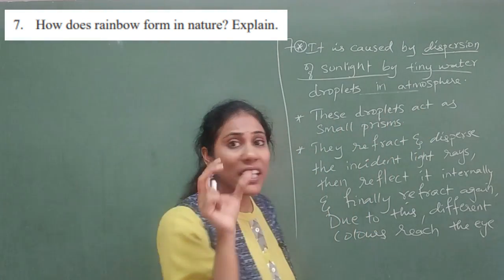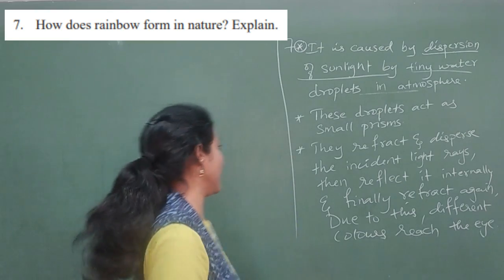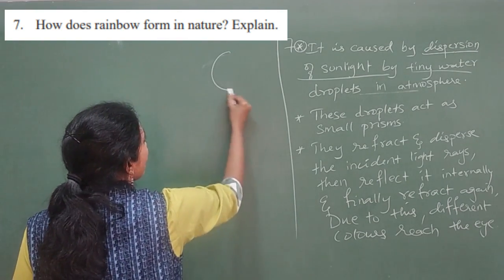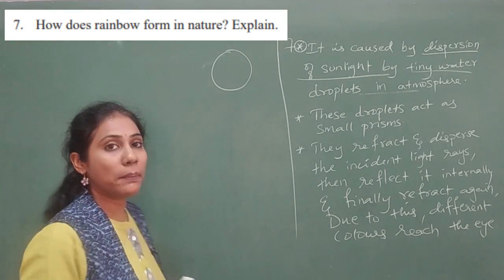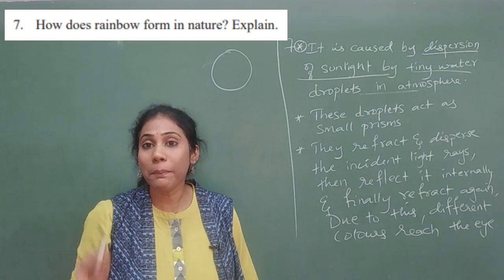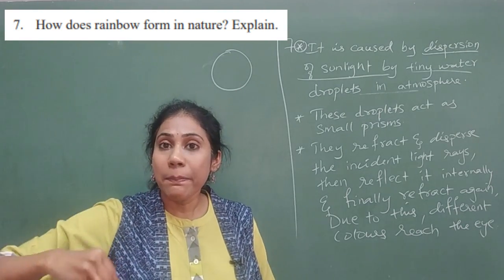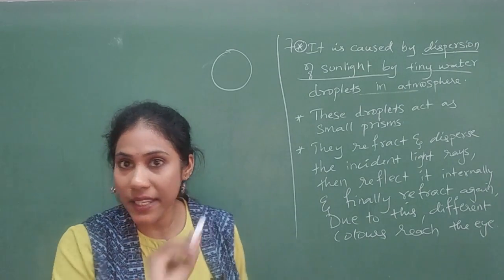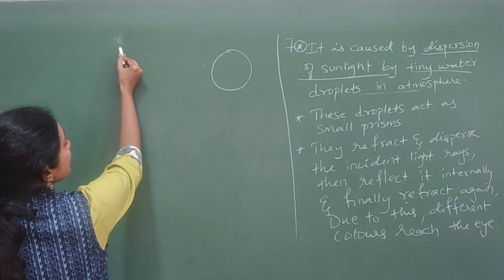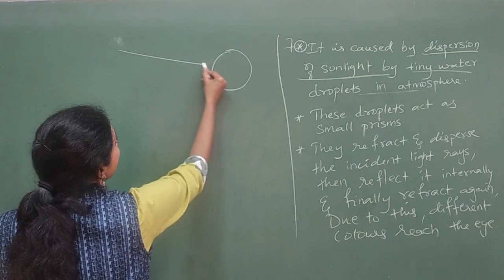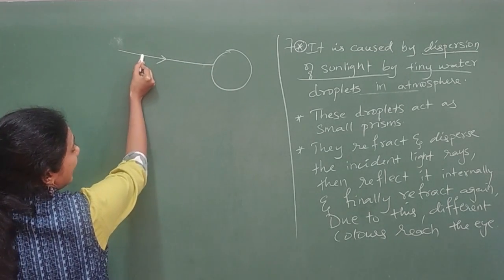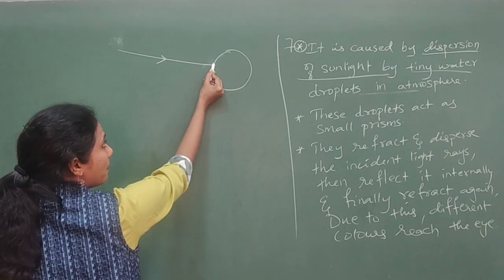So what actually happens inside a droplet is, suppose you take this as a water droplet in the atmosphere, which is acting like a prism. So in a prism, separation of colors takes place. That is, dispersion of sunlight takes place, isn't it? Suppose this is a beam of sunlight falling on a droplet.